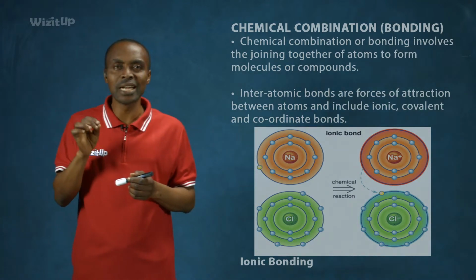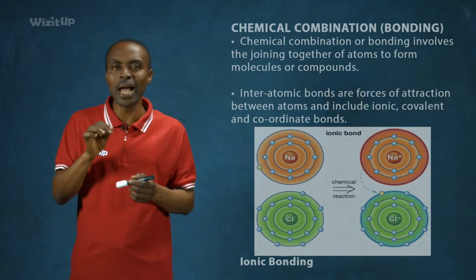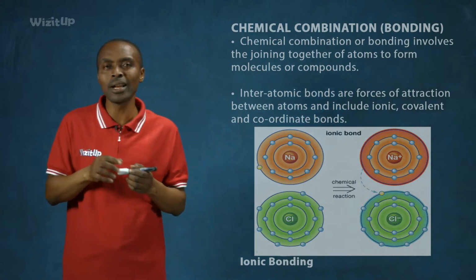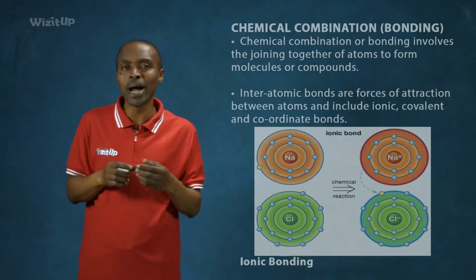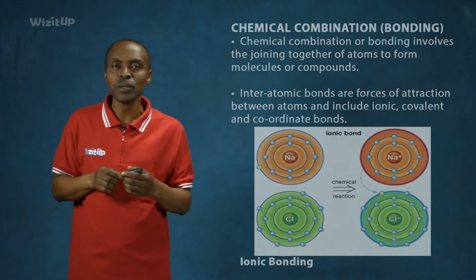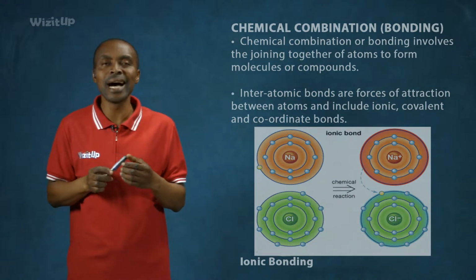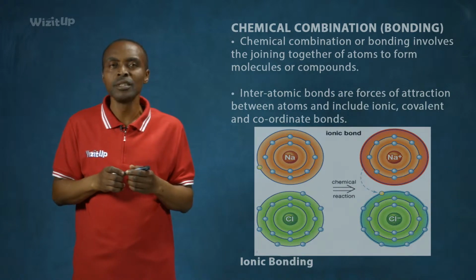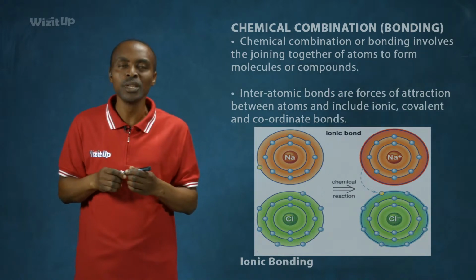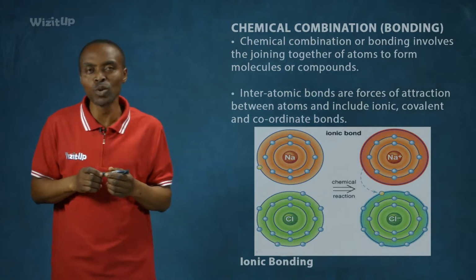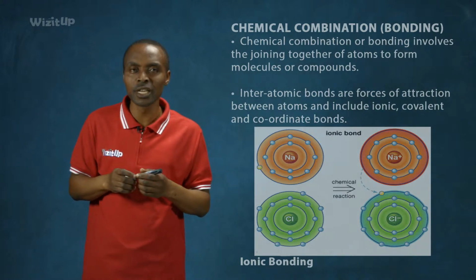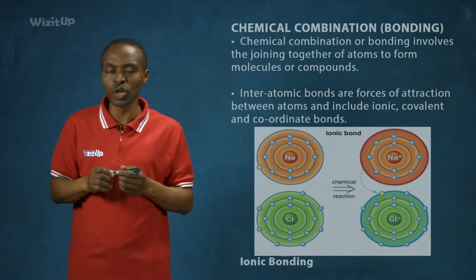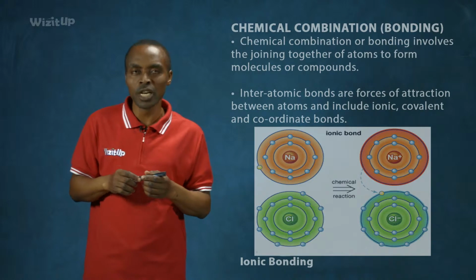What I'm trying to say is that the reason why atoms indulge in bonding is to ensure that they attain an electronic configuration similar to that of the noble gases. In other words, they want to attain a stable electronic configuration.